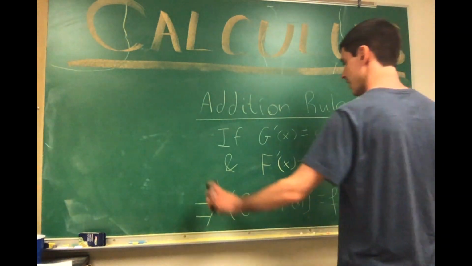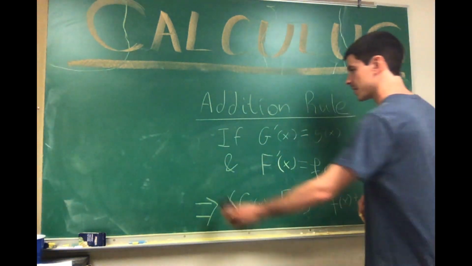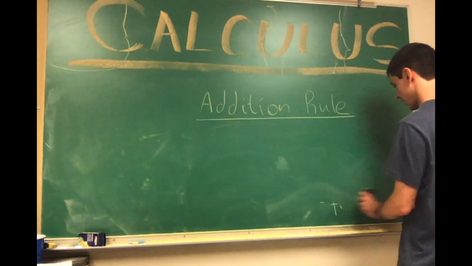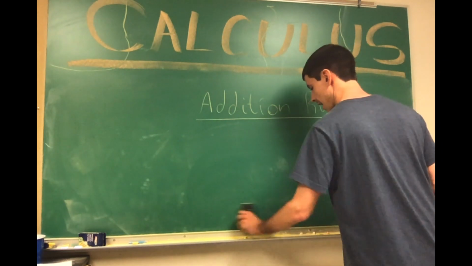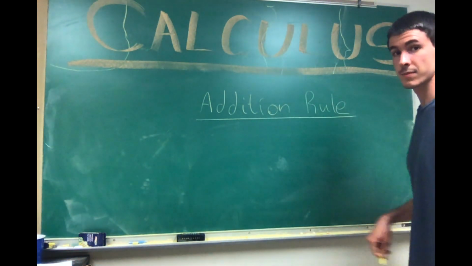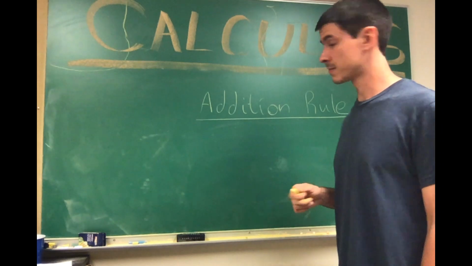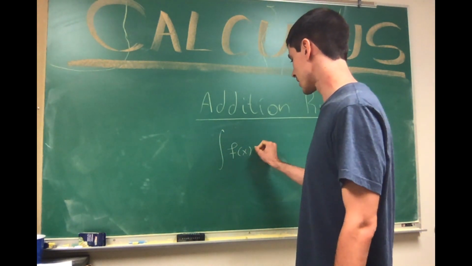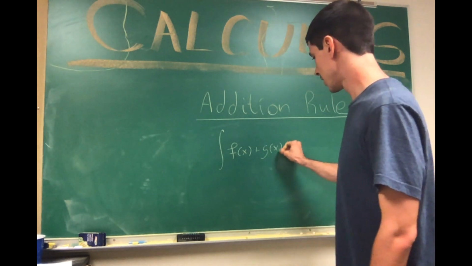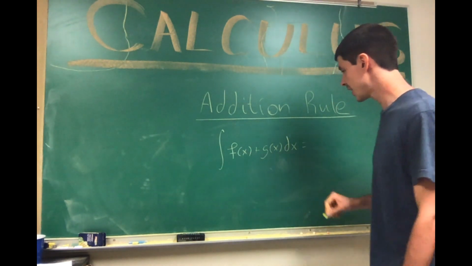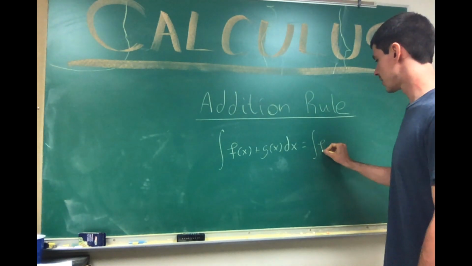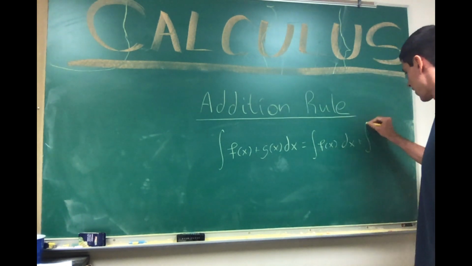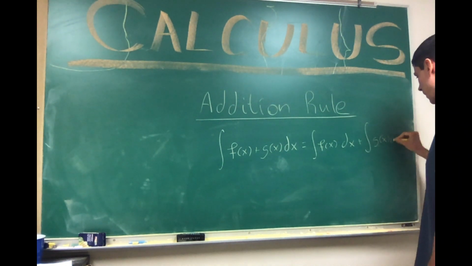But now we can restate this fact in terms of the notation for indefinite integrals, and it will immediately give us a corollary for definite integrals. But the corollary for indefinite integrals, we can write this as the indefinite integral of f of x plus g of x dx equals the indefinite integral of f of x dx plus the indefinite integral of g of x dx.